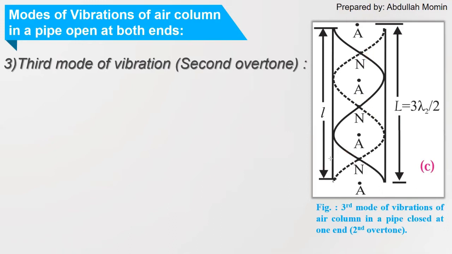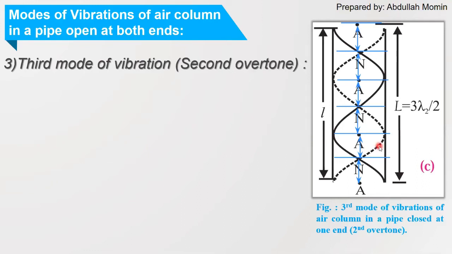When we measure the length of a node and adjacent antinode, this distance is lambda by 4, this distance is also lambda by 4, and this distance lambda by 4. So in total we are getting 6 sections, each of length lambda by 4.